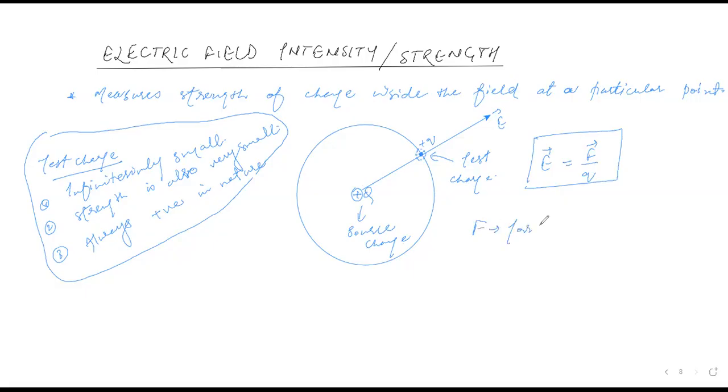F is the force experienced by the test charge. This is a formula by the help of which we can measure the strength of the field at any point inside the field, like A, B, C, or D. Are you clear or not?